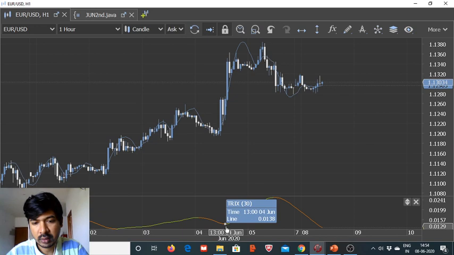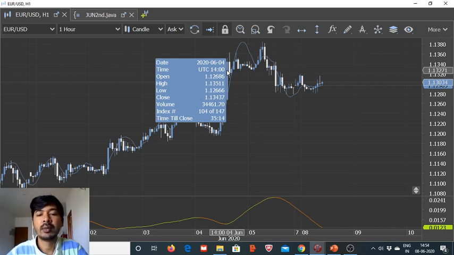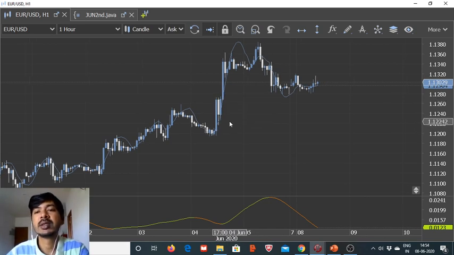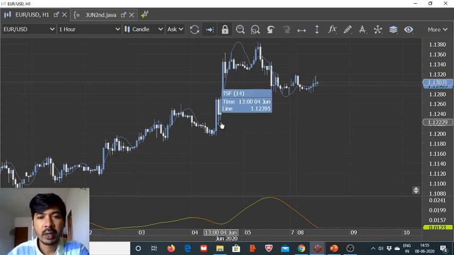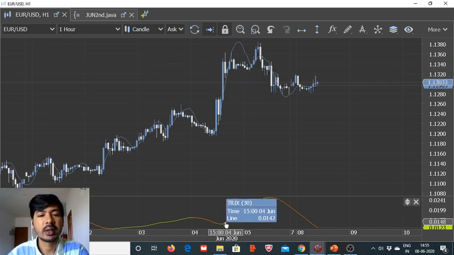So here, let us figure out, this is the time 14 GMT, and here it is, this is the bar when the TRIX indicator gives us a go ahead, but on the TSF we will need the change of trend to be happening. It should be only during the initial hours after consolidation that we want to get involved, and so we won't be looking to get involved directly as and when the TRIX conversion happens.